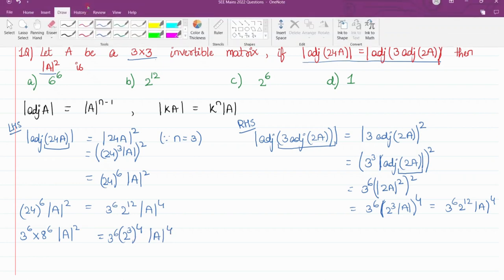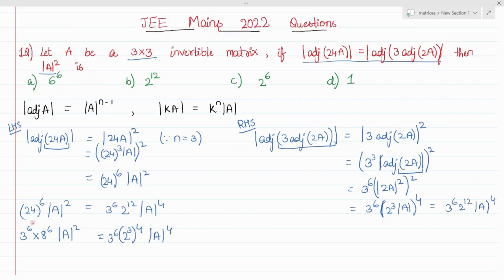Now this 3 power 6 gets cancelled, and for A square, here it becomes 2. Here it is 8 power 6, and this we can write as 8 power 4. Now when we cancel this and this, we'll get 8 power 2.